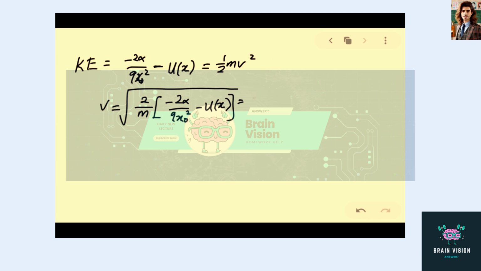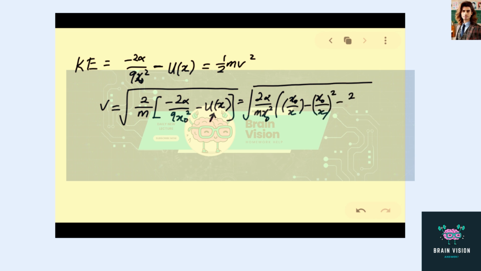Now simplifying this, substituting in the expression for our potential energy, we should get... and so this is our new velocity, which depends on x.